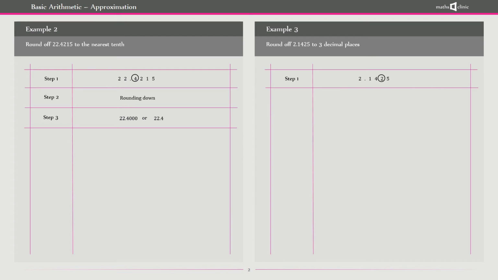And just like we've been doing, we have to decide, are we rounding up or rounding down? This depends on the number that comes after the place value in question, after 2. In this case, we have 5 as the number after 2. So is 5 equal to or greater than 5, or is it less than 5?